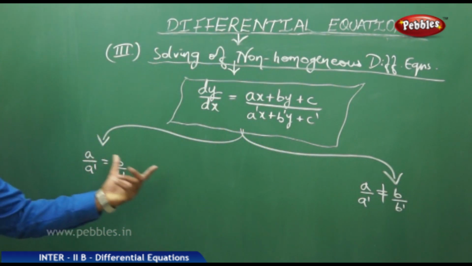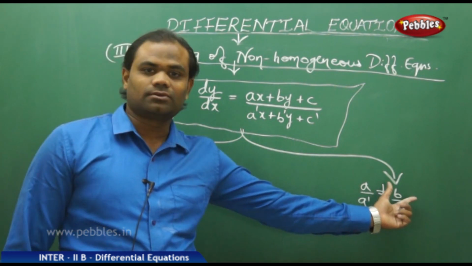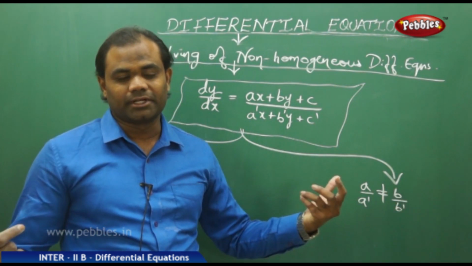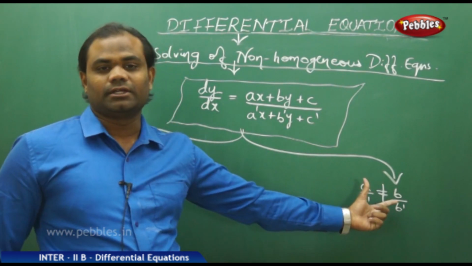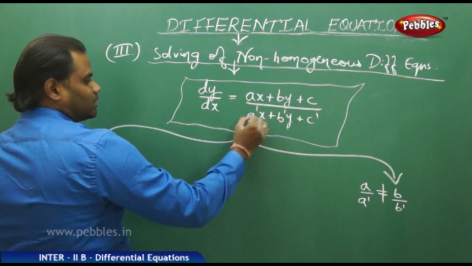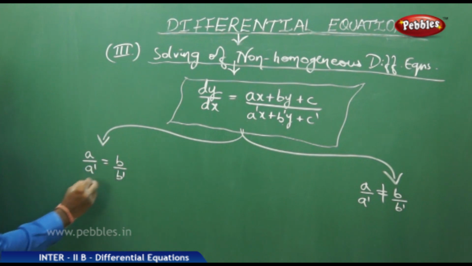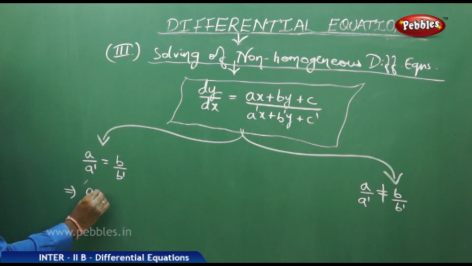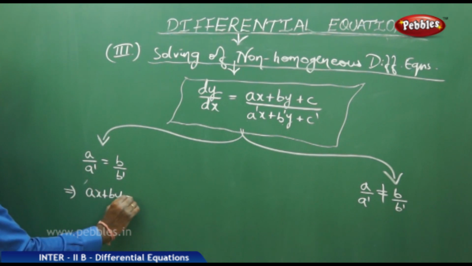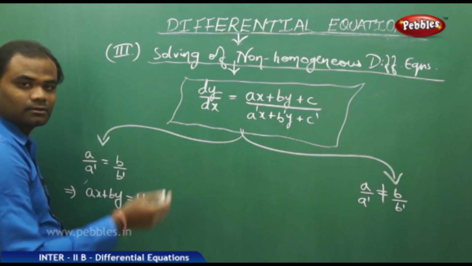So with these two cases arising, initially we check for this equal to this or this not equal to this, and hence we differentiate case 1 and case 2. Each of the coefficients of x, y of the numerator and denominator are checked for this, and if this is equal to this, then we take it as equal to u, or we take this as equal to v.